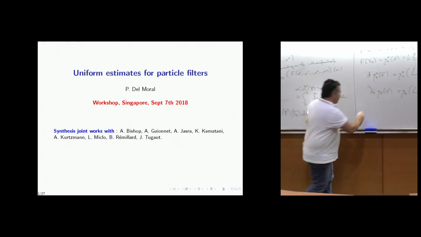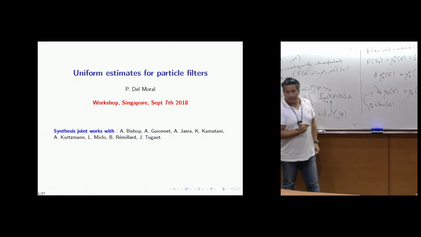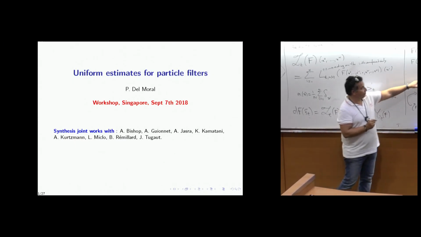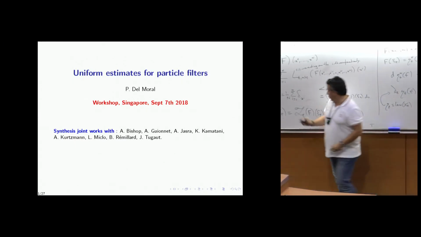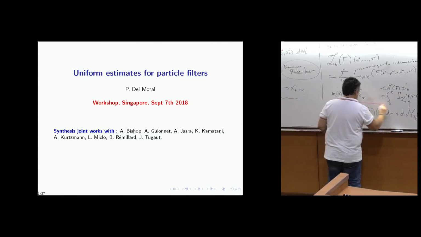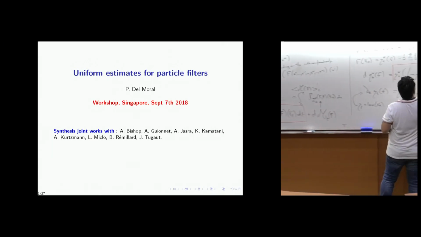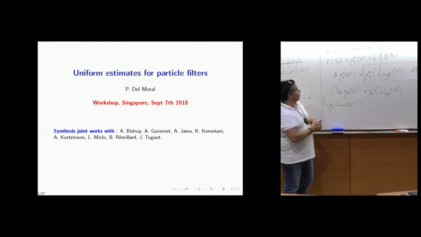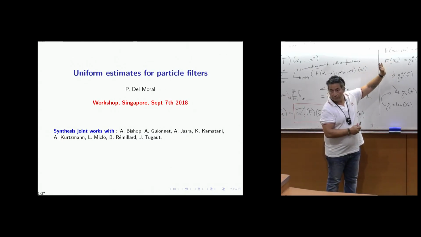Okay, so eta t, the law of my process, satisfies this equation. Here I have something which depends on the empirical measure. So this part is exactly this one when, instead of any function, you take empirical type functions.